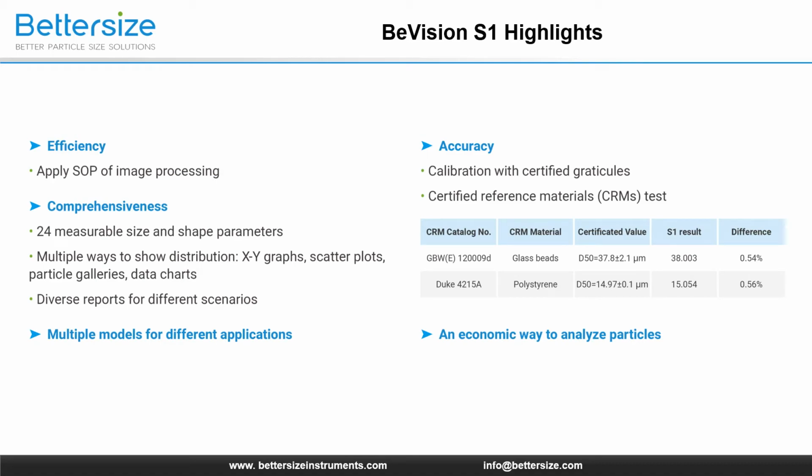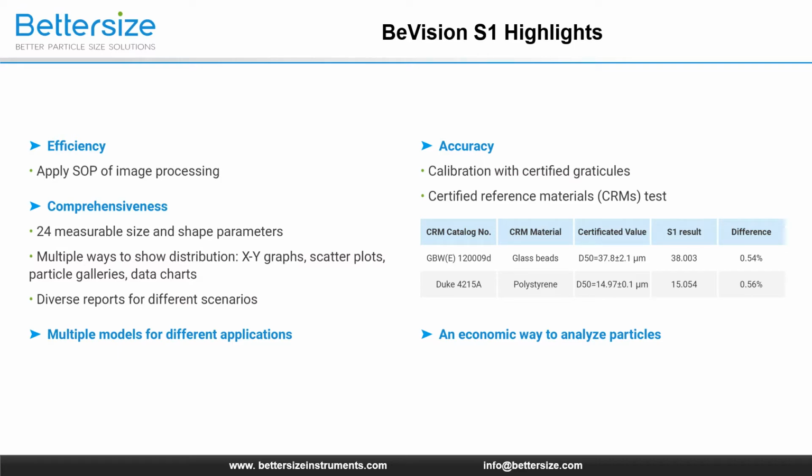Why is Vision S1 a good choice for you? Let's see how it can help. Firstly, with the help of the Vision software, the Vision S1 is an effective tool when doing particle size and shape measurements. As we discussed, the SOP of image processing and particle analysis can easily work. On the other side, the Vision software helps to make the Vision S1 a comprehensive validation of particles.